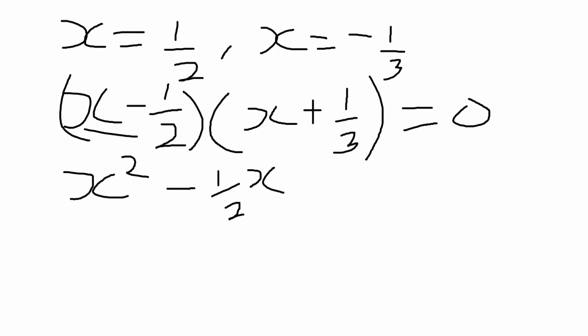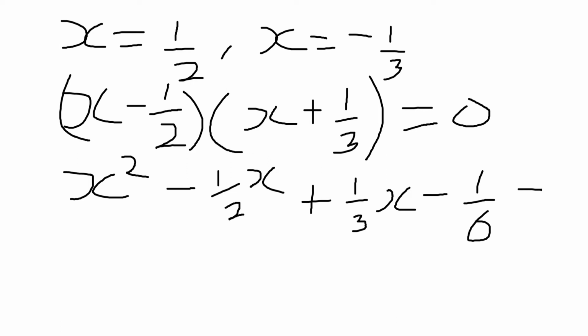We take the x, we multiply by 1/3. So we have plus 1/3 of x. Then we take the negative half, we multiply by the 1/3. So we have minus 1/6. And all this is equal to 0.